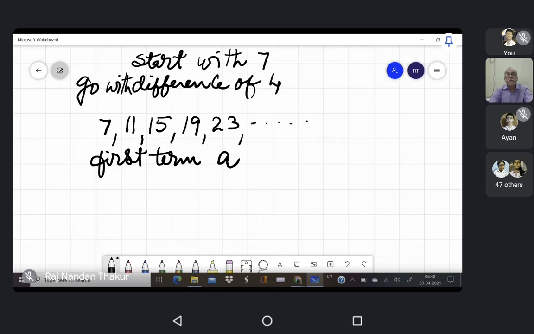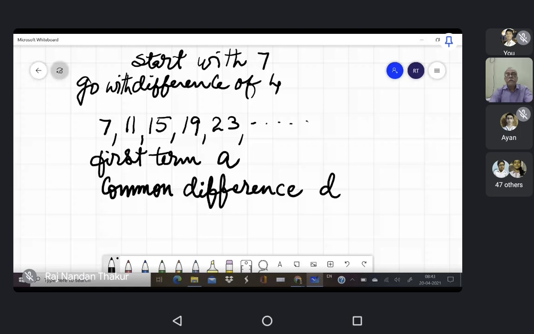And the value of D, the common difference, is 4. Very good.